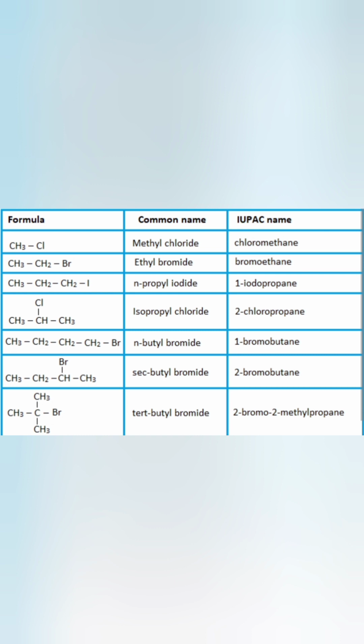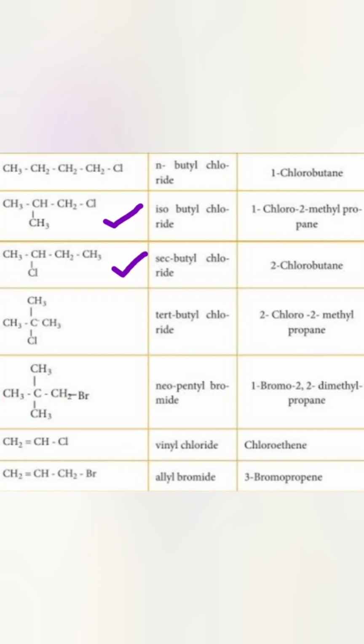For IUPAC naming, the numbering starts from the carbon connected to the iodine, so it is 1-iodopropane. Likewise, a single branch, isopropyl chloride, will be 2-chloropropane. And N-butyl bromide is 1-bromobutane. Secondary butyl bromide is 2-bromobutane.